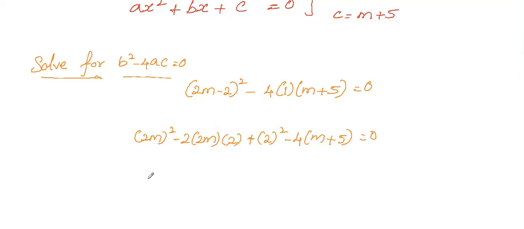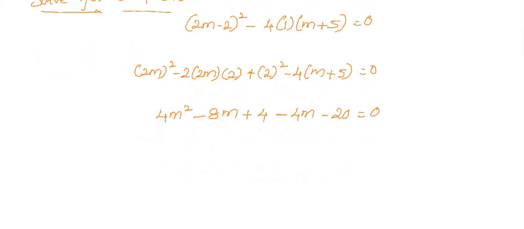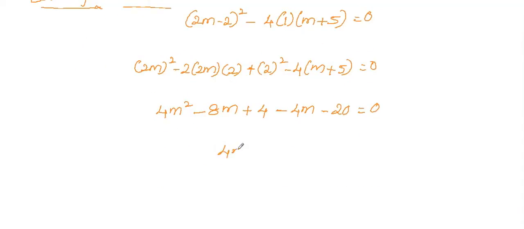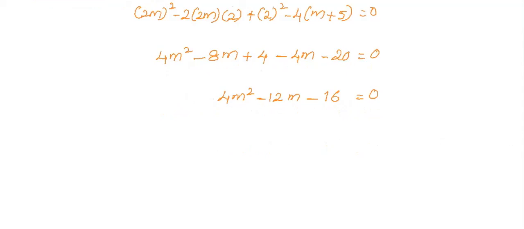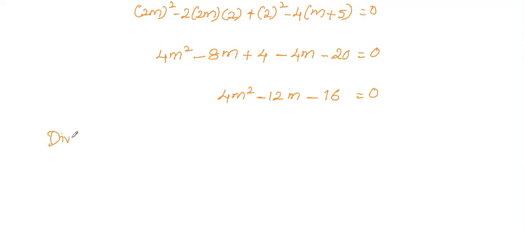If we simplify this, we'll get 4m square minus 8m plus 4 minus 4m minus 20 equals to 0. Now combine like terms, we will get 4m square minus 12m minus 16 equals to 0.